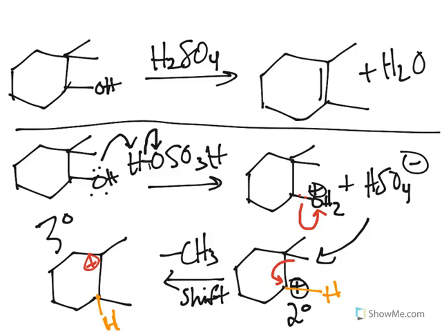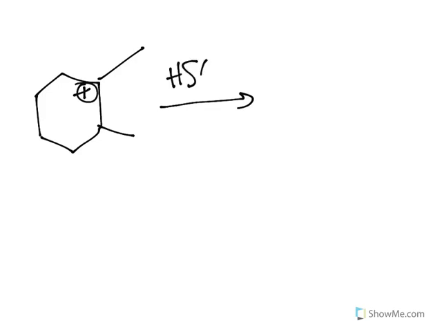Okay, and moving on to the next slide here. According to Zaitsev's rule, what is the major product that gets formed from the reaction? It's going to be the most substituted product.